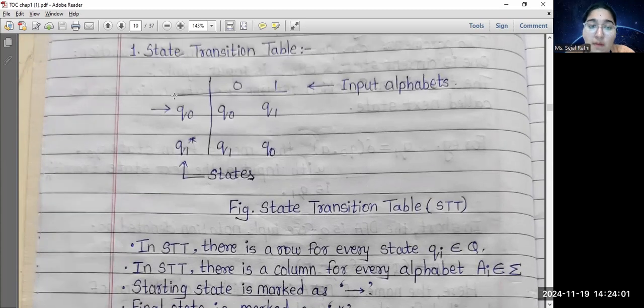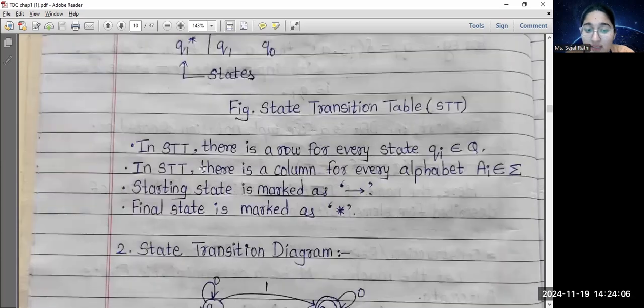And the starting state is marked with an arrow and the final state with a star.